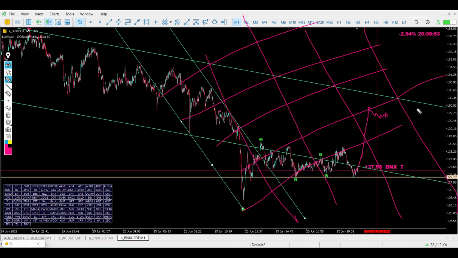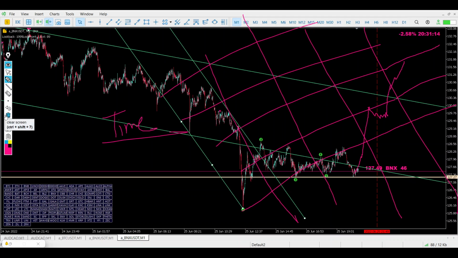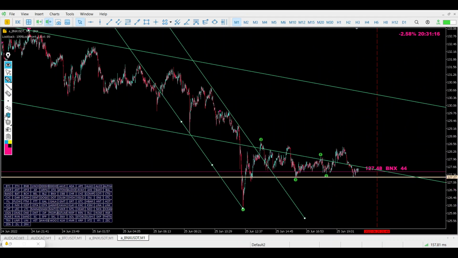Then if it breaks out of this block, we will see where the next box is, like this one. So this is another topic, but all of the topics which I am discussing right now include time, which is the most important part. So anything which involves time is the key for success.